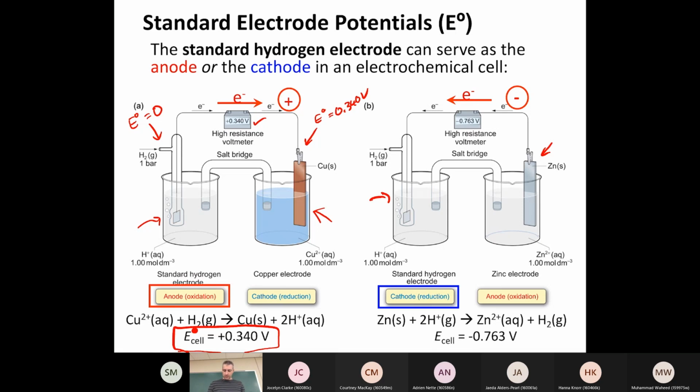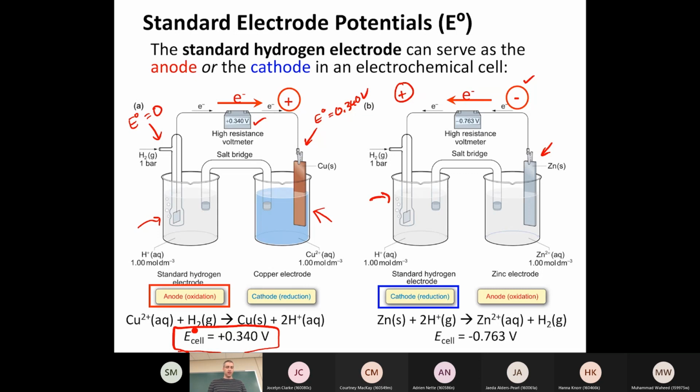If we do the same thing for zinc, we notice that actually the spontaneous direction for electrons to flow is right to left. We would say that they flow from the negative electrode and they move towards the positive electrode. And the voltage that would read here is negative 0.763. The negative voltage is because the electrons are going backwards, I guess.